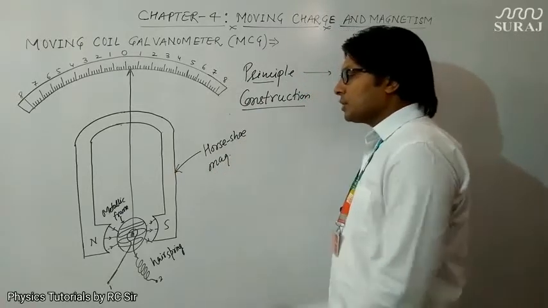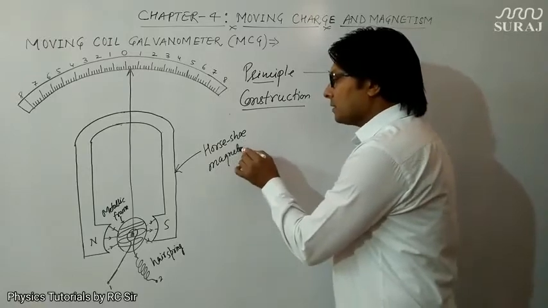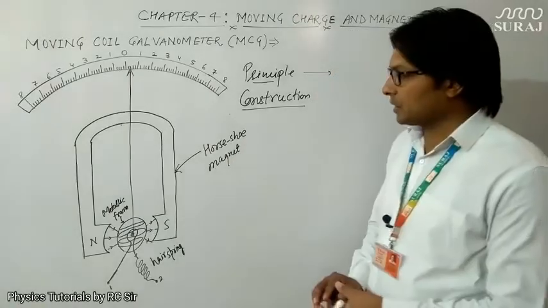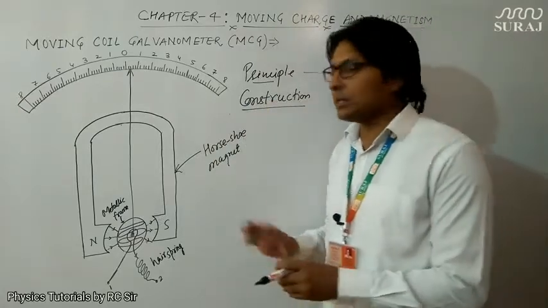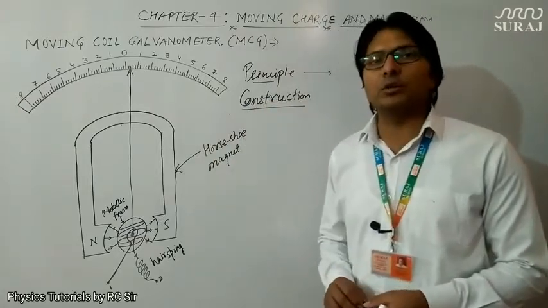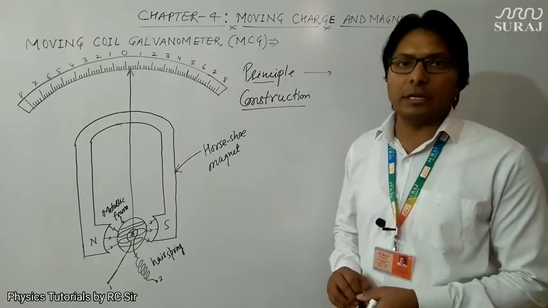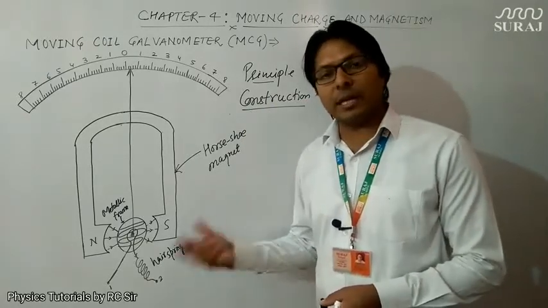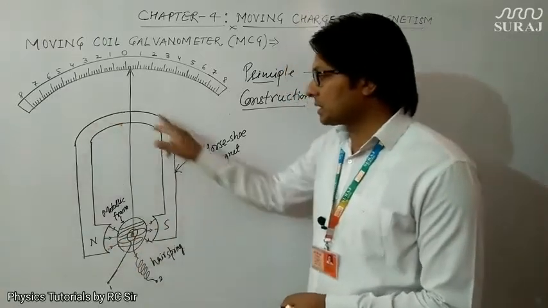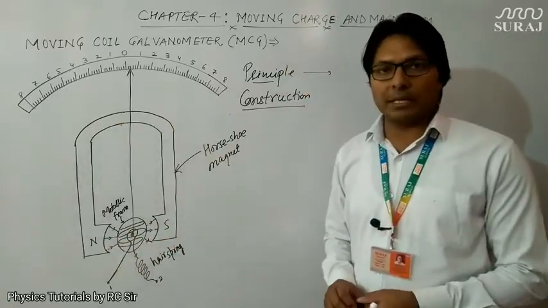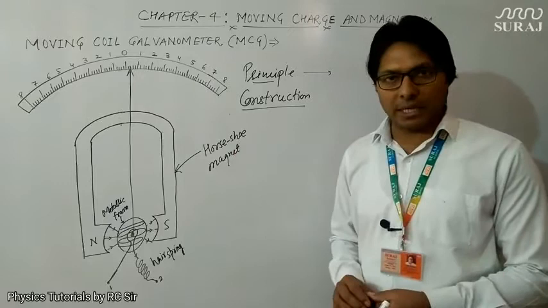The reason for using a horseshoe magnet is that it produces a uniform and strong magnetic field, and we want a strong as well as uniform magnetic field.